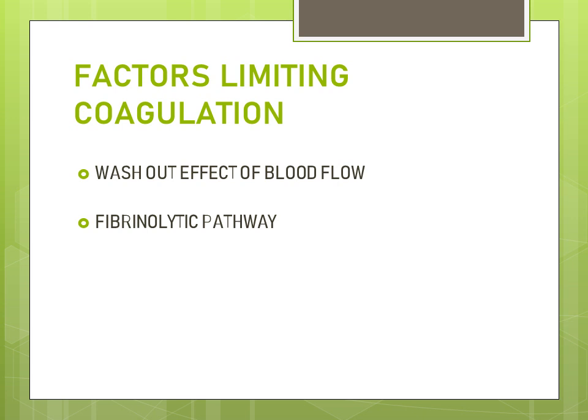The second important pathway is the fibrinolytic pathway. As the coagulation cascade is going on, there is also a fibrinolytic pathway operating side by side. This fibrinolytic pathway limits the size of the clot, and later on it results in the dissolution of the clot. How this pathway works is shown in the next slide.